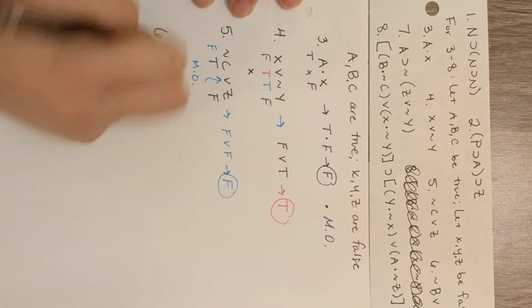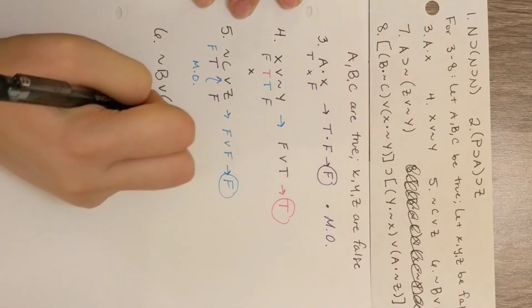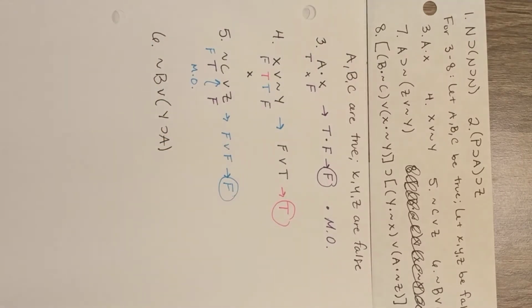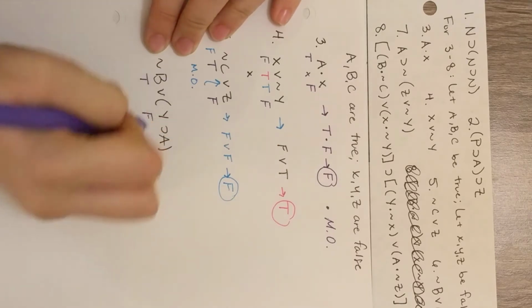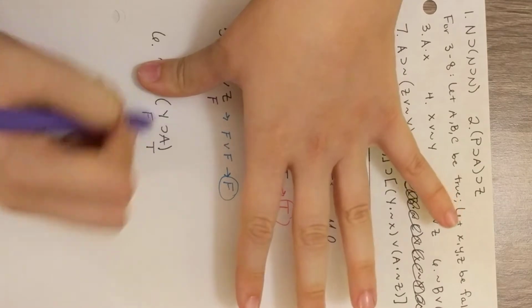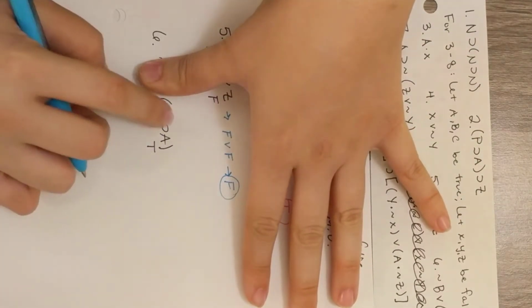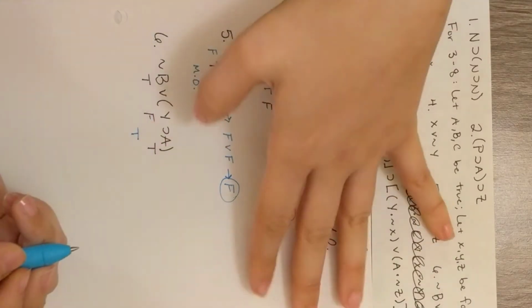And then 6 is not B, or if Y, then A. So this one, the order really matters. So B is true, Y is false, A is true. So I'm just going to look at the parentheses. I have if false, then true. That is true.